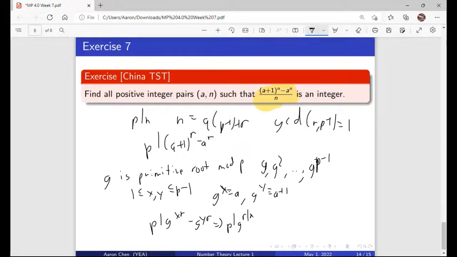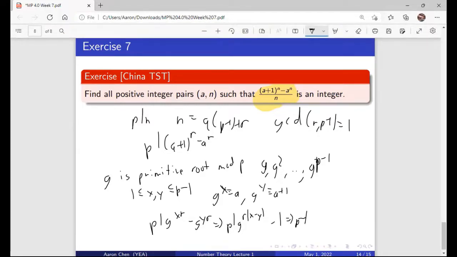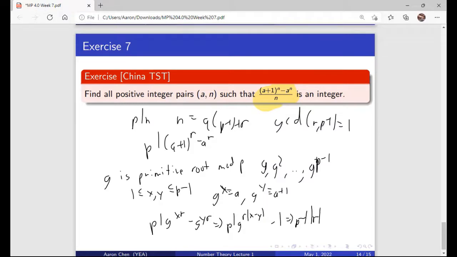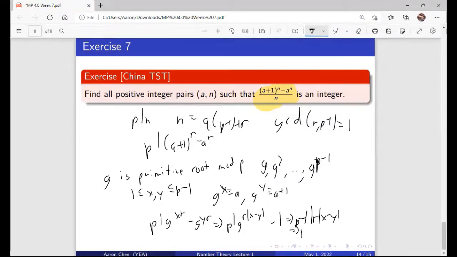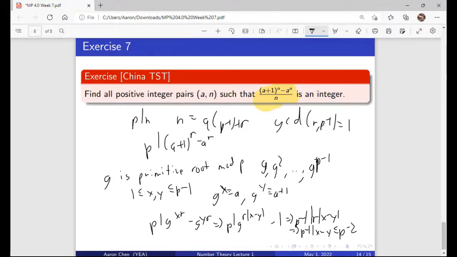minus 1. And so that means that p minus 1 divides r times the absolute value of x minus y. And so p minus 1 divides x minus y, which is definitely at most p minus 2.